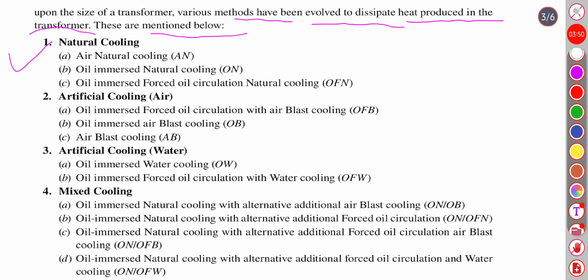One is air natural cooling, second is oil immersed natural cooling called ON, and third is oil immersed forced oil circulation natural cooling. And second is the artificial cooling, in which oil immersed forced oil circulation with air blast cooling, that is called OFB. Second is oil immersed air blast cooling or OB, and third is air blast cooling.